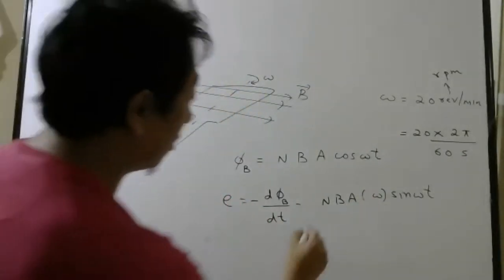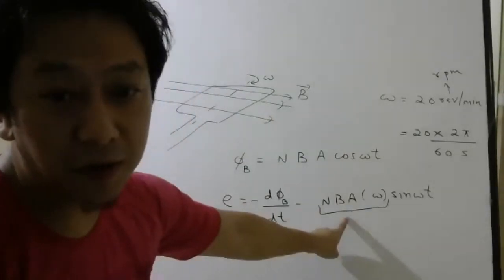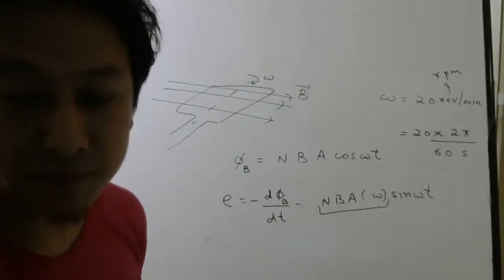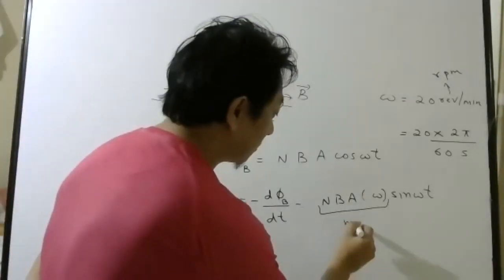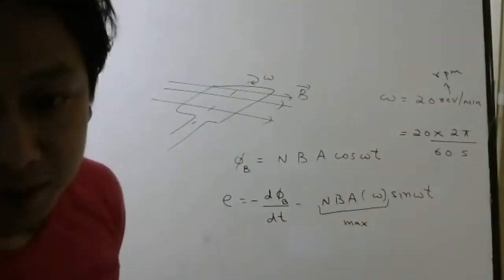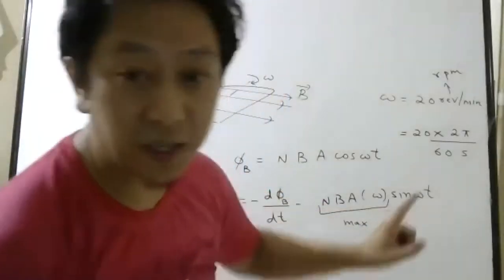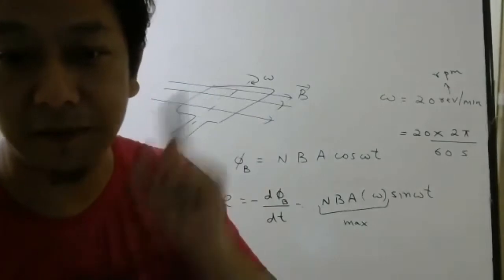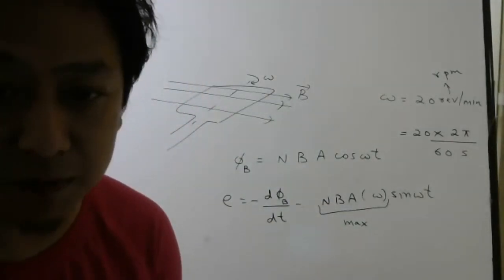So what value of EMF is this called? Maximum value. Why is it called the maximum value? Because E will be maximum when sine becomes 1, that is the maximum value of sine. So based on this formula, students, we will do some problems today.